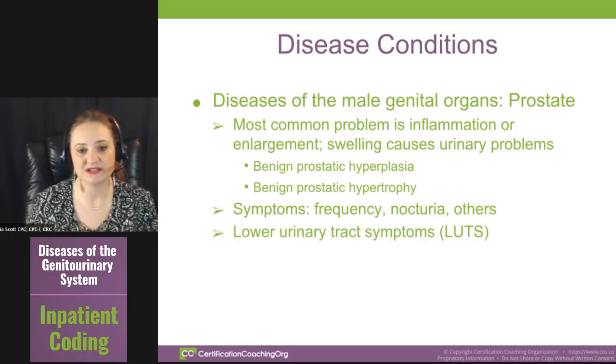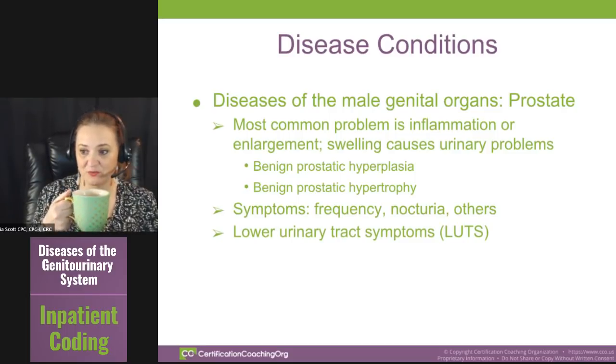You can have benign prostatic hyperplasia, or you can have benign prostatic hypertrophy. What happens is you have to go to the bathroom more often. Frequency. Nocturia means you have to get up in the night several times and go to the bathroom. So again, getting back at men for women being pregnant and having to get up 4 or 5 times in the middle of the night to pee.